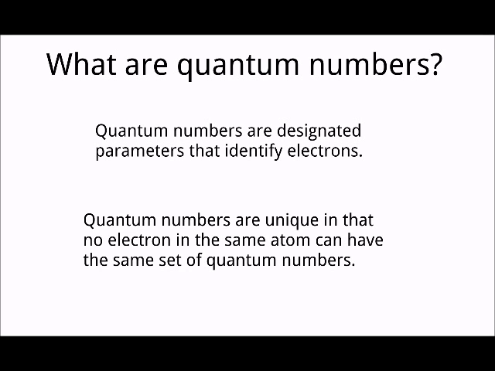And just like a fingerprint or an address, a quantum number is unique in that no two electrons in the same atom can have the same set of quantum numbers. So two electrons might have a very similar set, but they're going to differ in at least one or more of the values within that quantum number set. So let's take a look at each of the quantum numbers and what they actually represent.